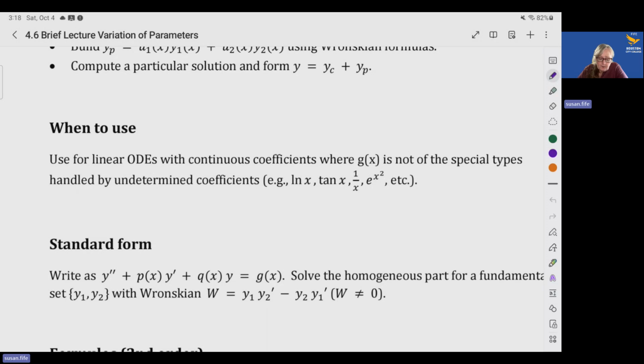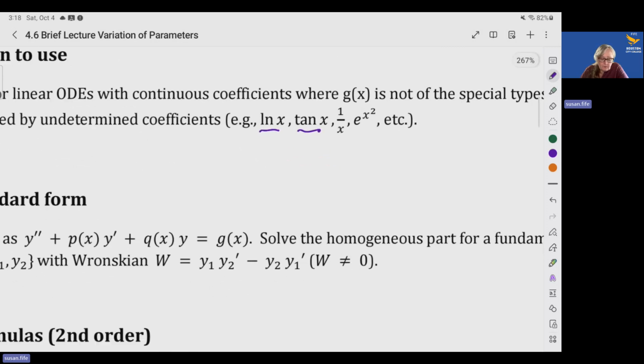So for example, if you have natural log of x, tangent x, or any of those reciprocal trig functions, secant, cosecant, cotangent, if you have a fraction like 1 over x, or if you have an exponential that contains a higher power, like x squared, you would need to use variation of parameters.